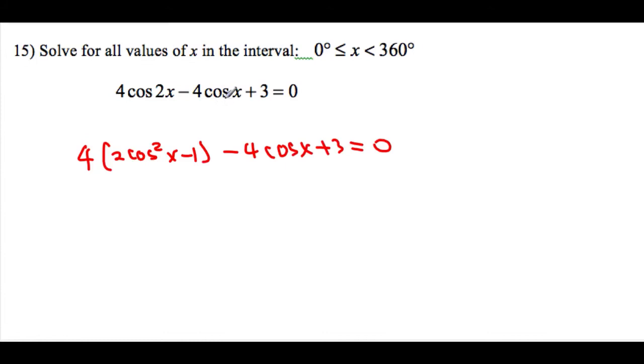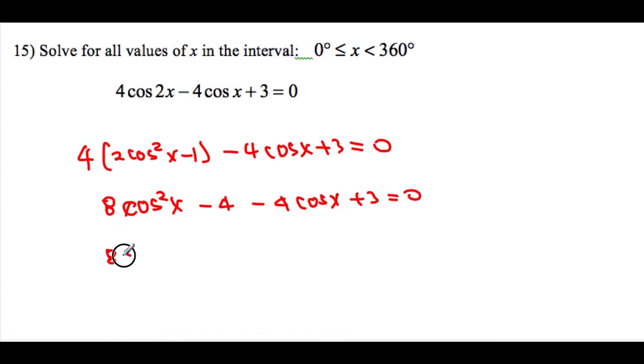Because then the other term has cosine only, so we can express everything in terms of cosine. Then here we get 8 cosine square x minus 4 cosine of x plus 3 equal to 0. Now bringing everything together, we get 8 cosine square x minus 4 cosine of x minus 1 equal to 0.